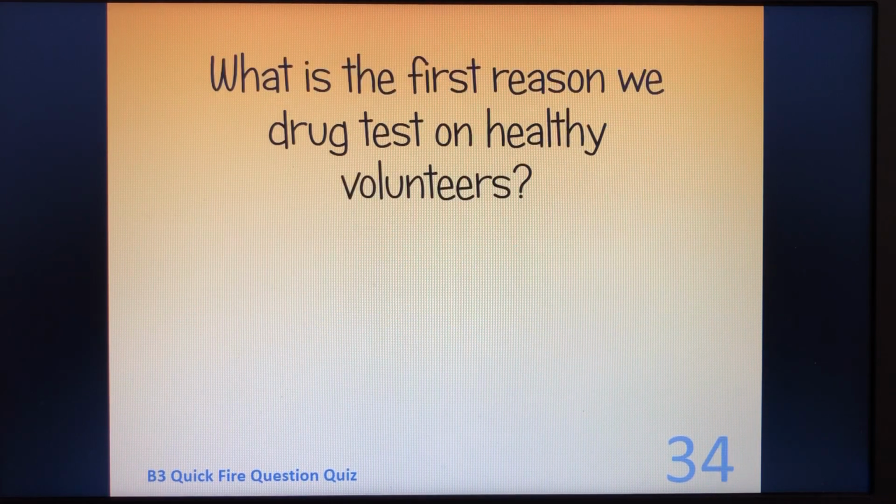Question 34. What is the first reason why we test drugs on healthy volunteers? So we take healthy people, they haven't got the illness. Why do we test on those people first? What are we going to get from it?